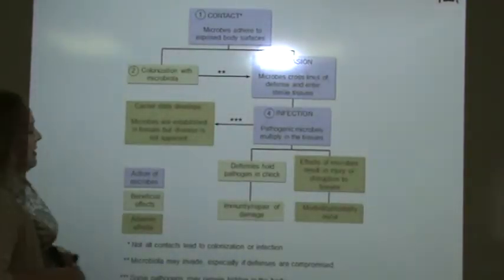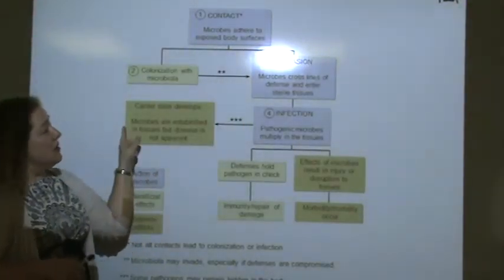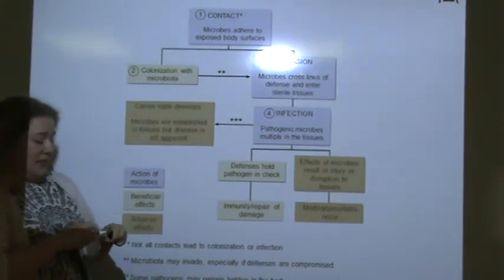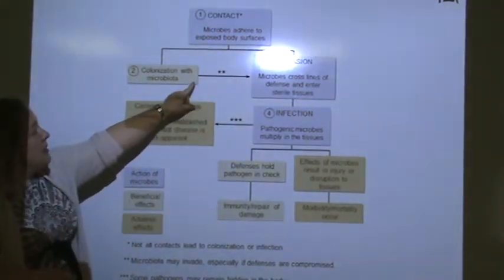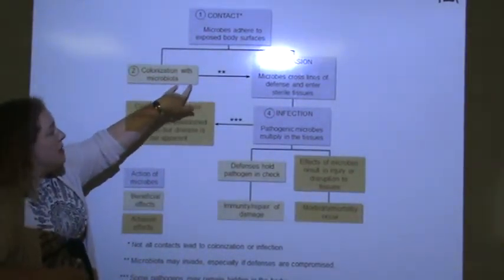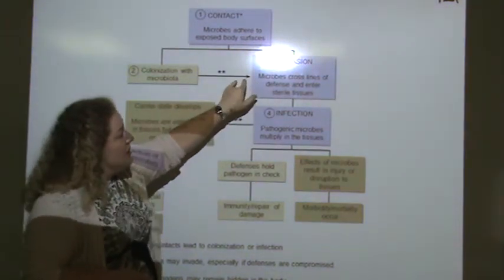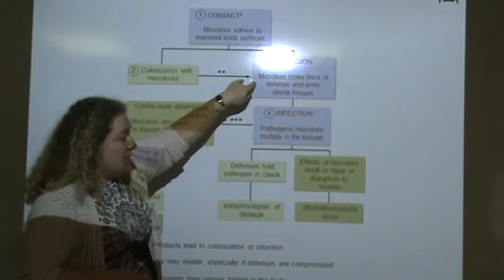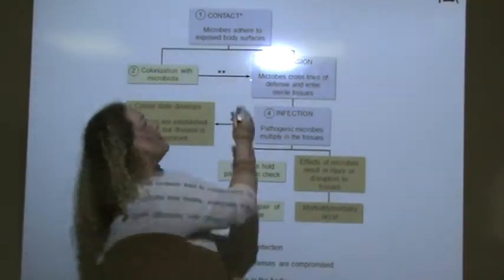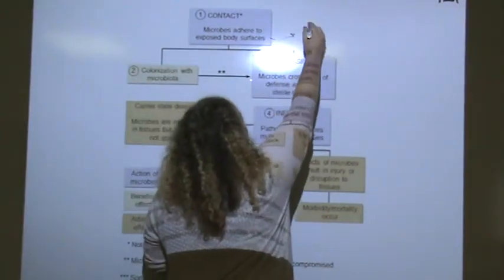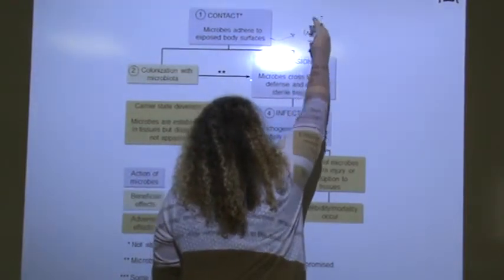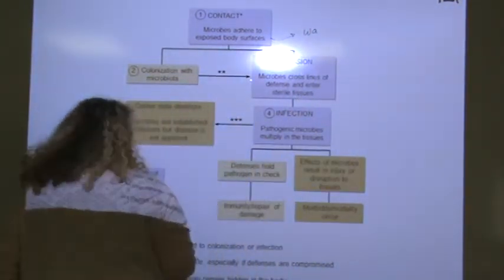And this topic goes a long way toward answering why some microbes will end up colonizing us and not causing harm, while others may invade us and actually cause harm. And then why do some microbes never colonize us in the first place?